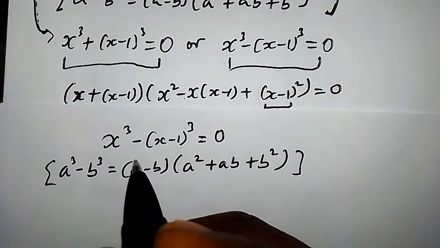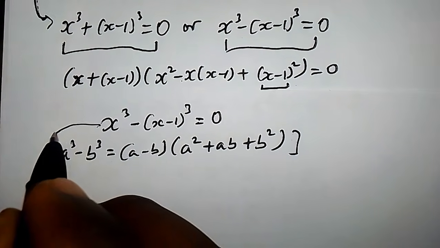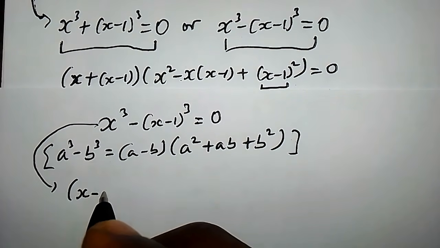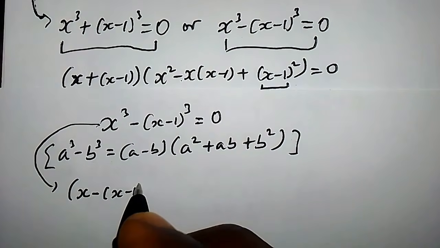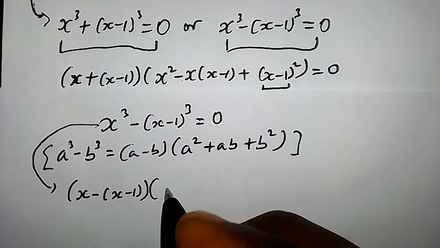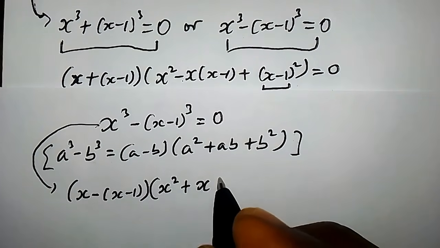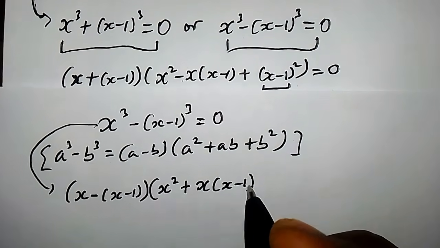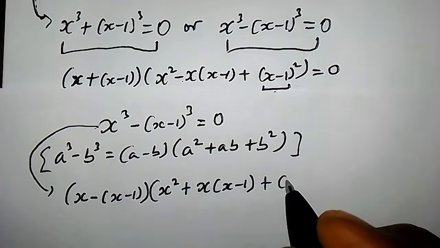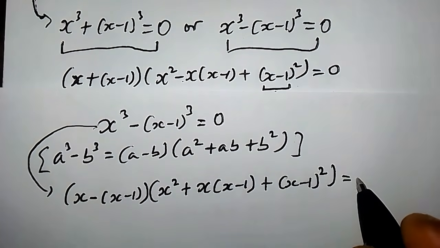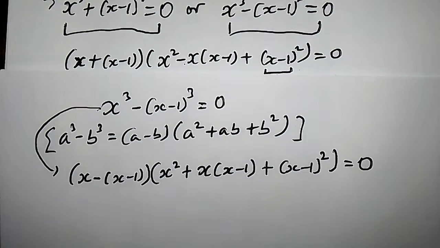To this left hand side, we're gonna have (x minus (x minus 1)) times (x square plus x times (x minus 1) plus (x minus 1) all squared), everything equal to 0. Let's proceed further.